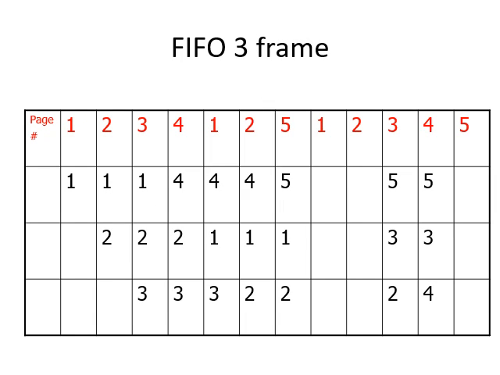Let's see another example. Again, we are having a 3-frame main memory, and in this case, I'm using 1, 2, 3, 4, 1, 2, 5, 1, 2, 3, 4, 5 as the reference string.